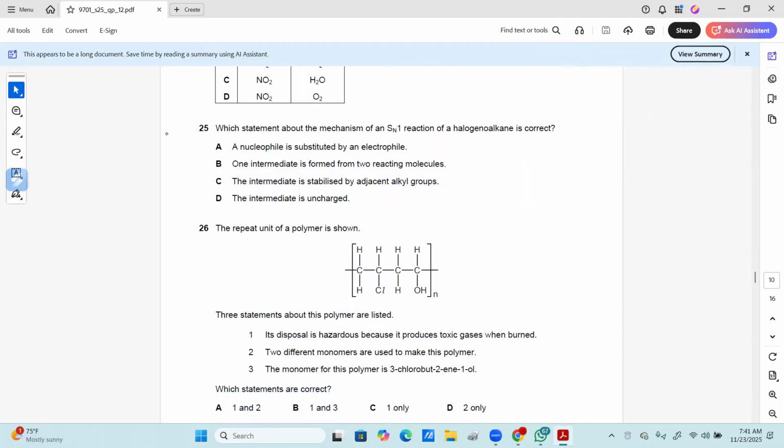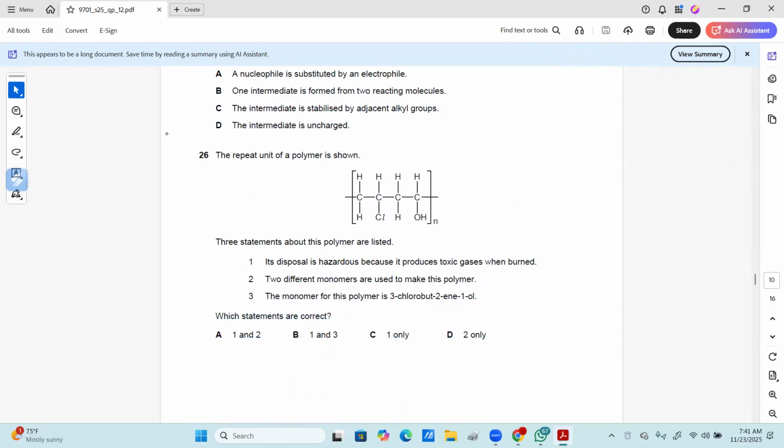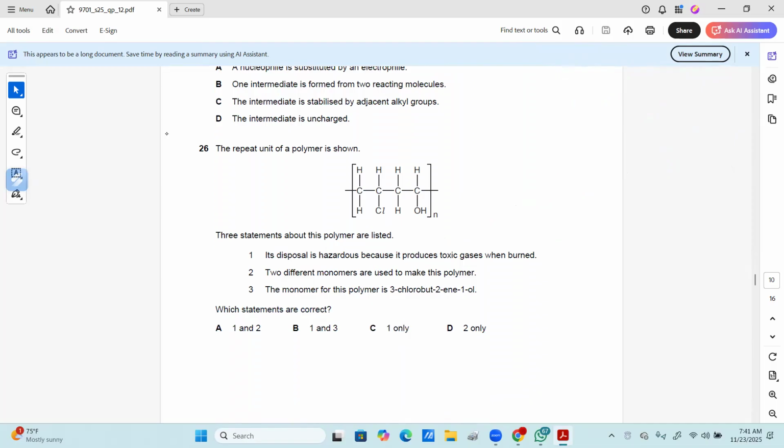Question 26. The repeat unit of a polymer is given. Its disposal is hazardous because it produces toxic gases when burned. So any polymer will form toxic gases when it is burned. That is correct. Two different monomers are used to make this polymer. So if you break it into two, it is correct.